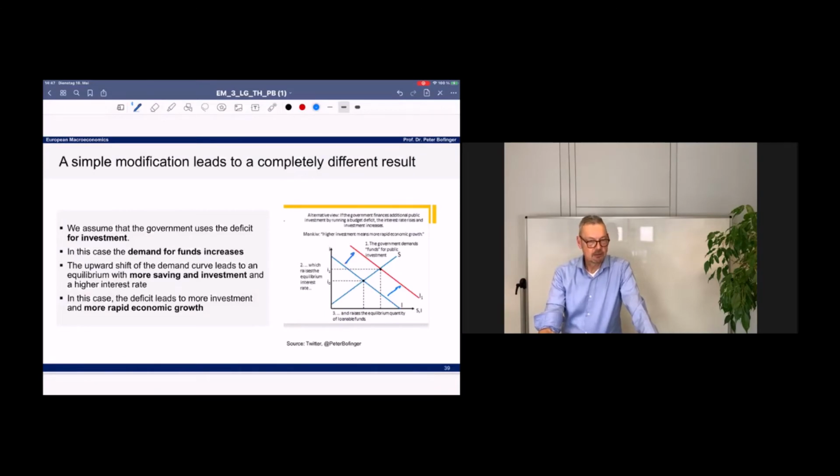Why should it change? The households save, and there's now with the government an additional institution that demands funds for investment. In this case, you can see that the upward shift of the investment schedule leads to a higher interest rate and to a higher equilibrium of saving and investment. You just have to change the assumption a little bit.